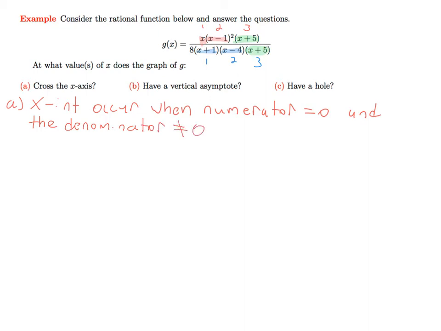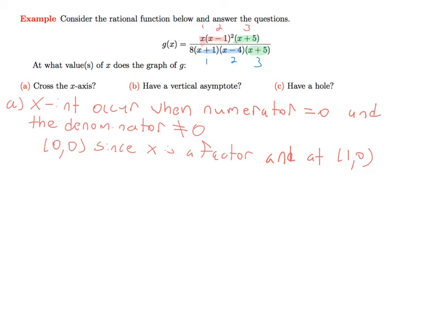So this means we have an x-intercept at 0, 0, since x is a factor of the numerator, and at 1, 0, since x minus 1 is a factor of the numerator.